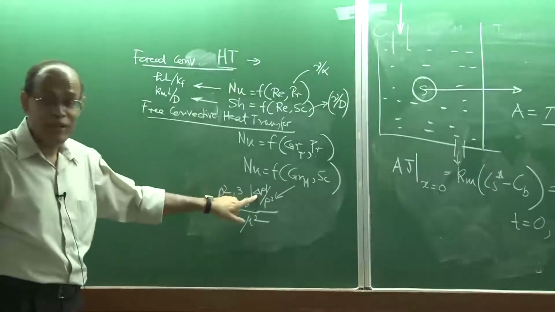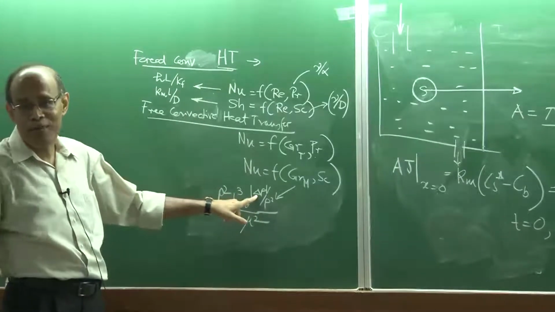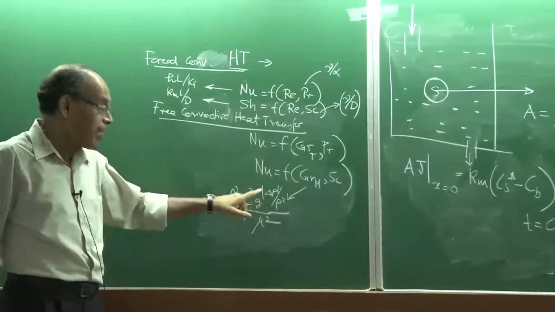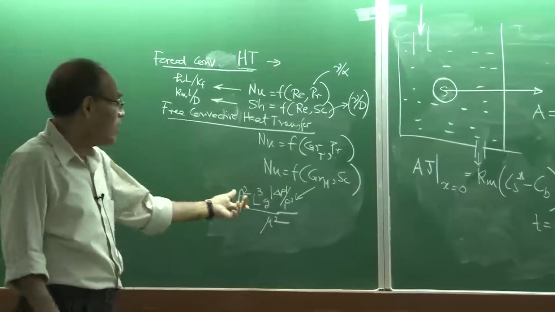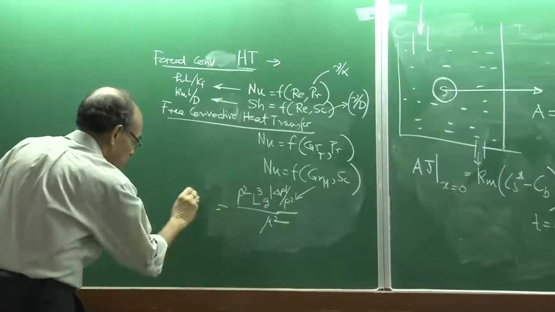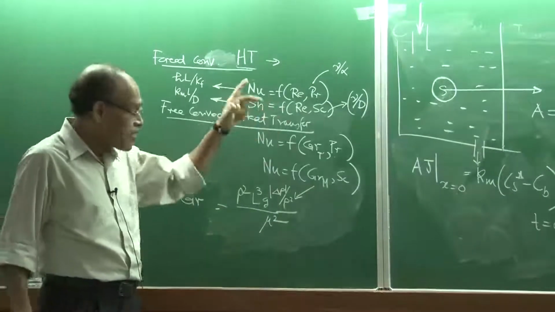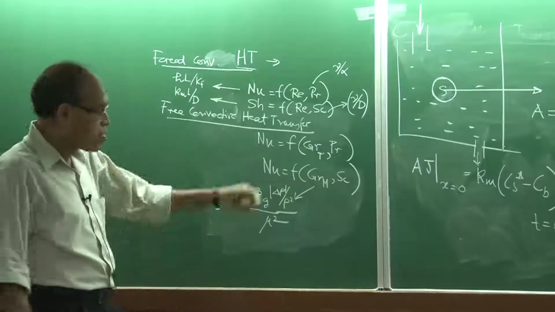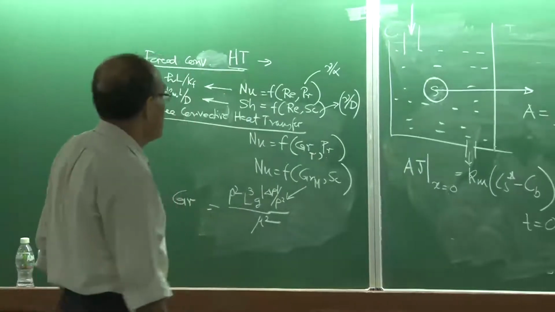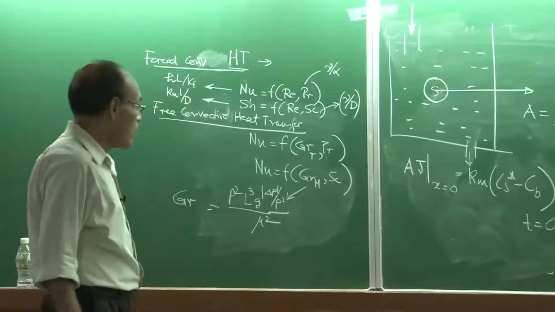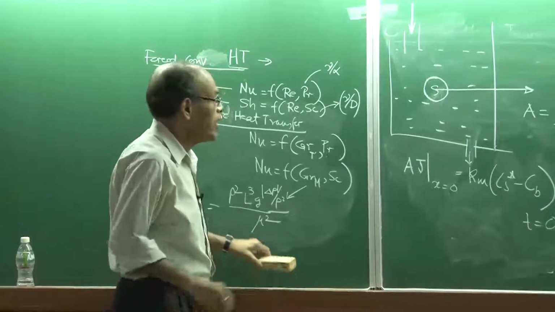This delta rho value is related to the concentration differential. In thermal problems, the delta rho value is related to the heat transfer problems, and that's what the Grashoff's number is. We will study the similarities between heat and mass transfer when we discuss the Reynolds analogy a little later.